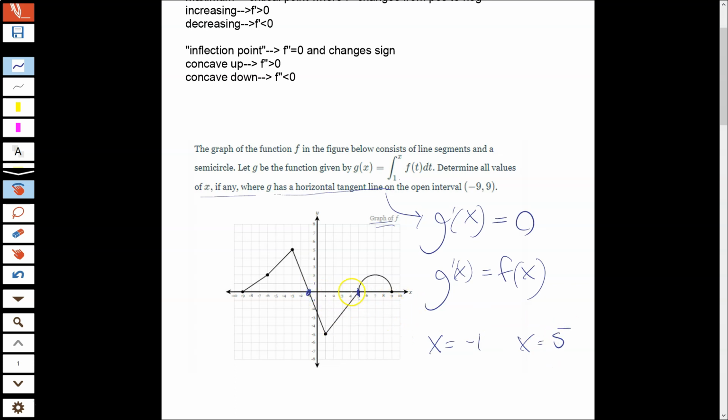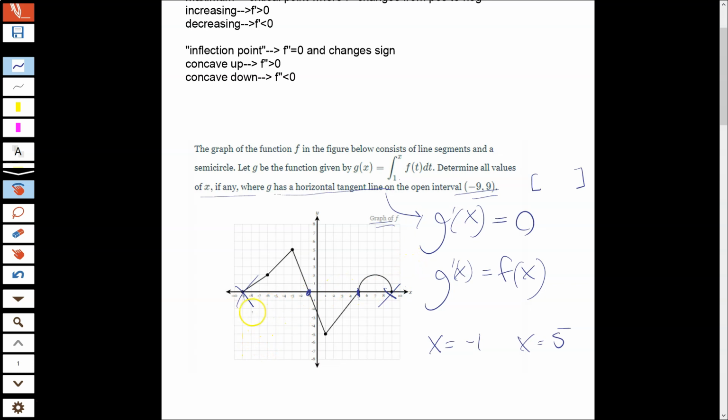Okay, you may be tempted to include -9 and 9. Do not include those points. There's 2 reasons. The first reason is that they're not included in the intervals given because they didn't put brackets, right? They put parentheses. The second reason, though, the more important reason, is actually the derivative is not defined at those points because the function is no longer defined to the left and to the right.